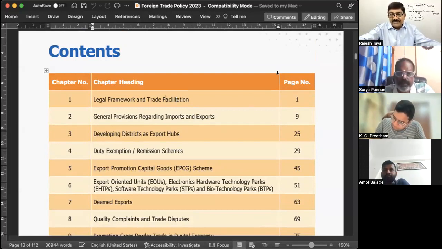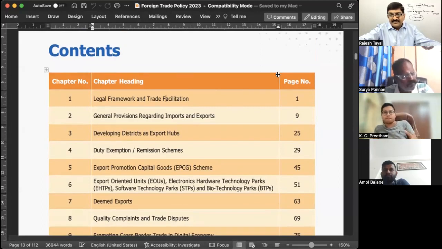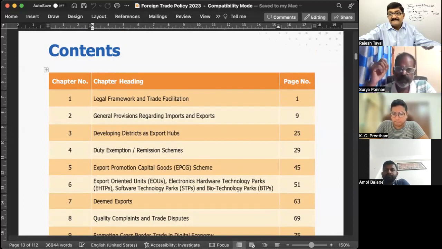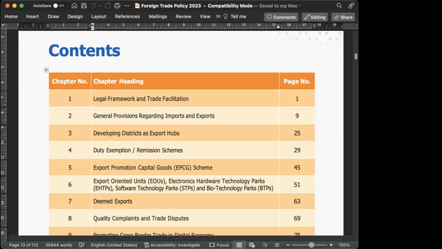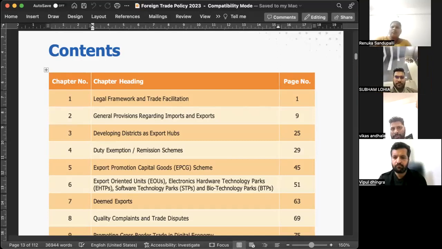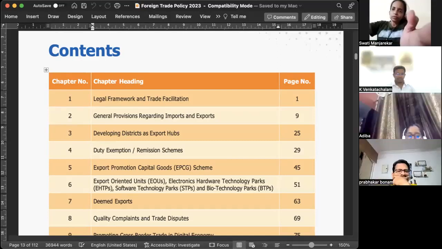Everyone has the printed copy? Who has it and who doesn't? Printed. Even if you don't have it today, no problems. It will help you if you have it. From tomorrow you can have it. Today we can continue without this copy also.